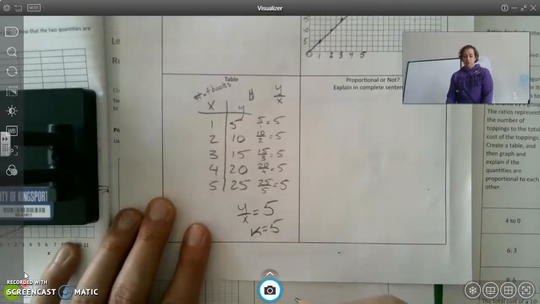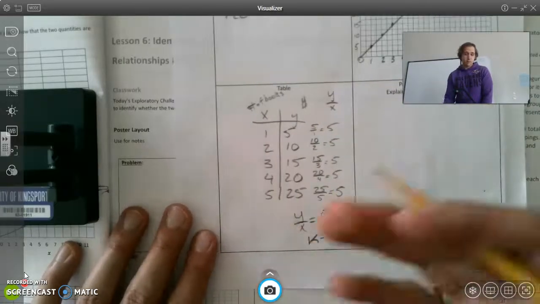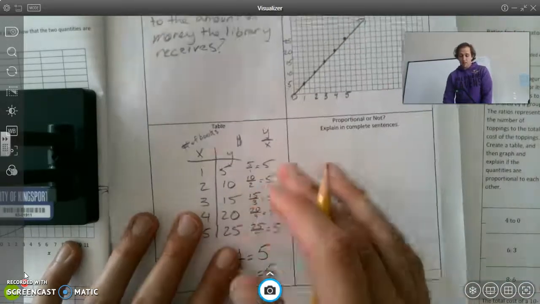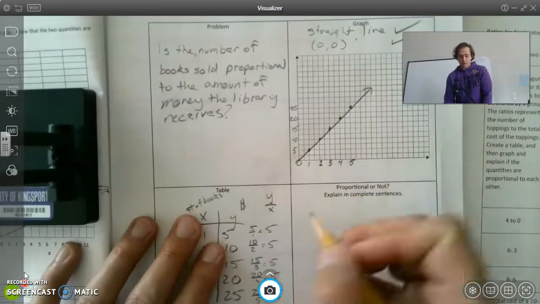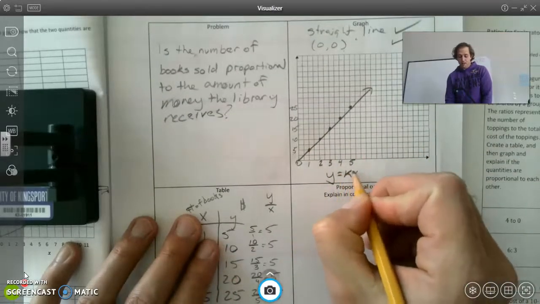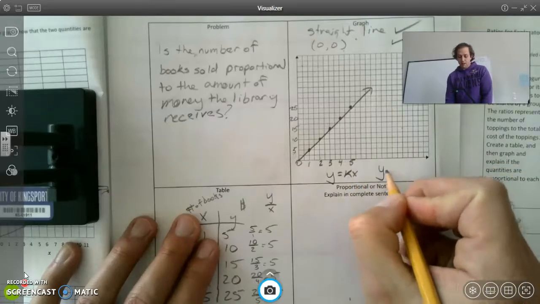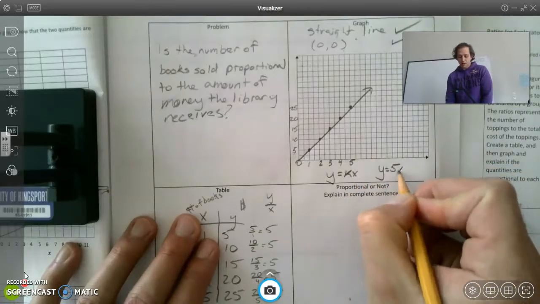And we could even stretch this a little further, write an equation for this, right? We learned from the beginning that we write equations for proportional relationships by saying y is equal to kx. Well, in this situation, our constant is 5, so I could say that this line has an equation of y equals 5x.